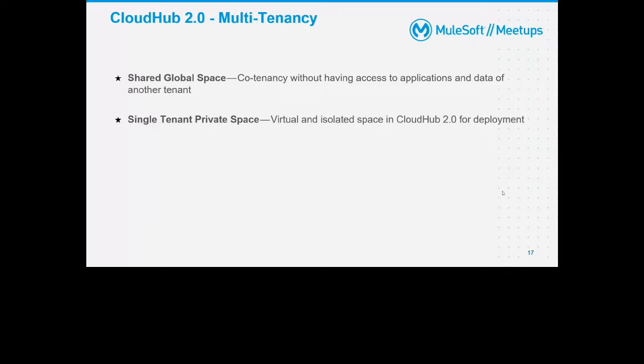And then there is a private space. A private space is equivalent to your VPC. It is your own virtual private cloud, or virtual private space, where you can deploy your applications. Applications deployed in the same private space can interact with each other through private endpoints. But if someone has to access your applications from outside, they have to come through the ingress load balancer.